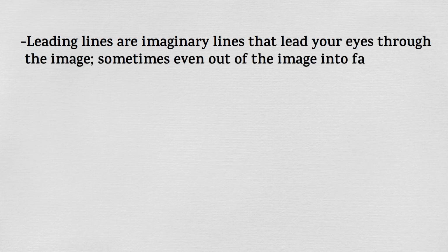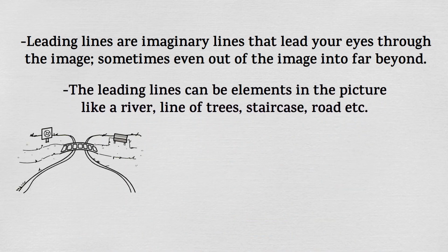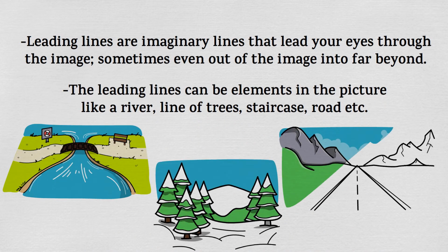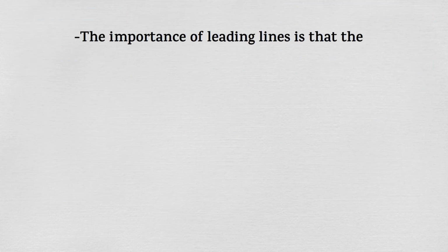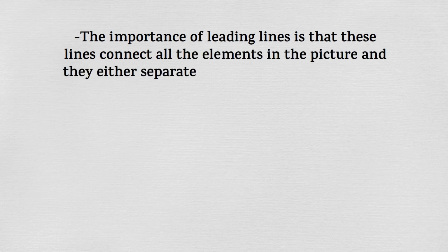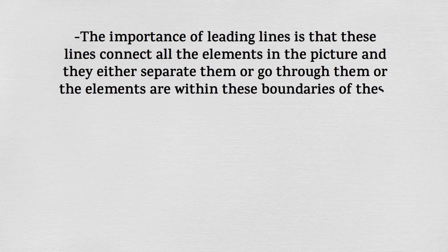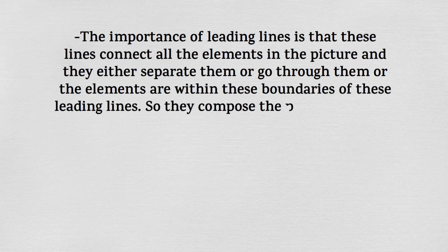The third rule of composition is the leading lines. The leading lines are imaginary lines that lead your eye through the image, sometimes even out of the image into far beyond. So the leading lines can be elements like a river, a line of trees, a staircase, etc. The importance of leading lines is that these lines connect all the elements in the picture, and they either separate them or they go through them, or the elements are within the boundaries of the leading line.